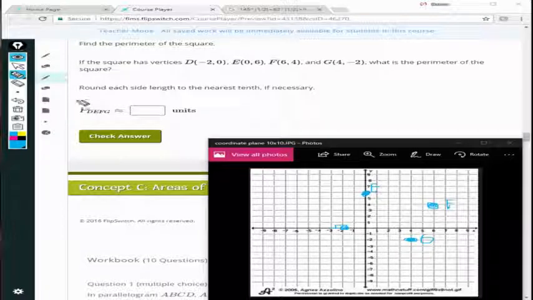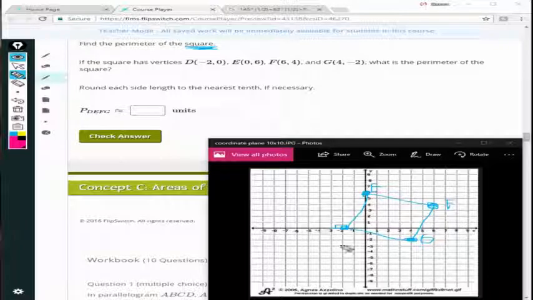Okay, so round each side length to the nearest tenth if necessary. So this is our square. Well, I'm going to use a key thing, and it's a square, so that means every side is going to be the same length. So I only have to find one side.